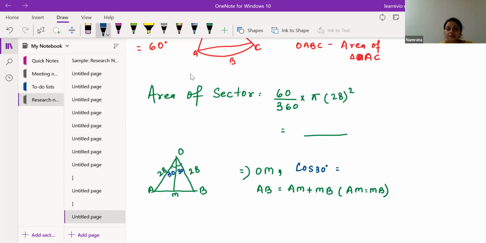That is OM by 28. Is it clear? Can we do it like that? Adjacent over hypotenuse.